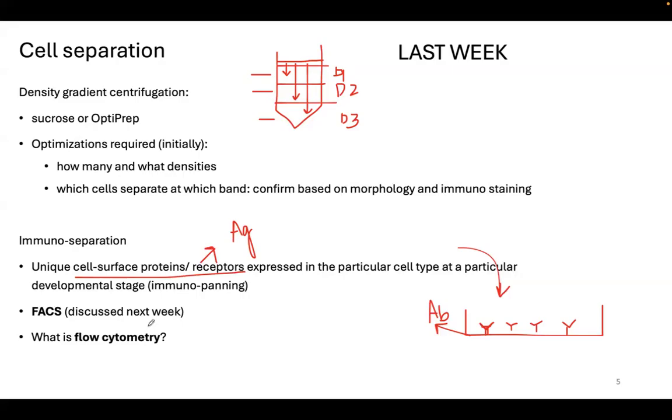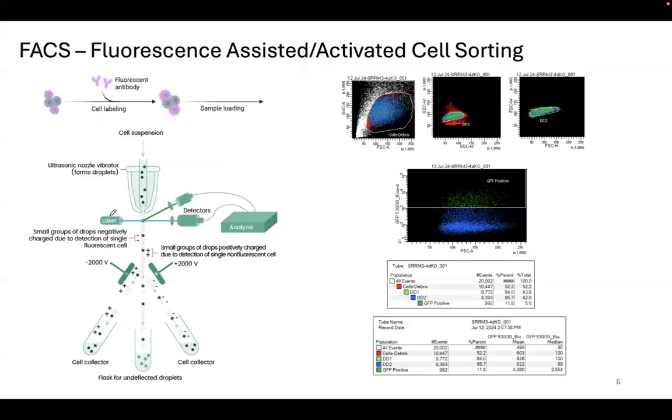In all of these, your starting material is a single cell suspension. So we're calling it FACS for now, but the principle is quite similar up to the first part for flow cytometry also. So in this case, you have your single cells.